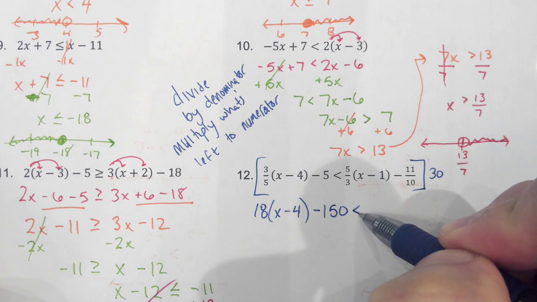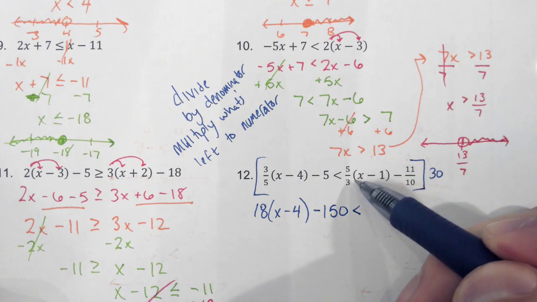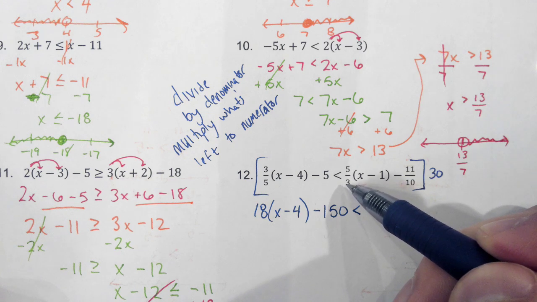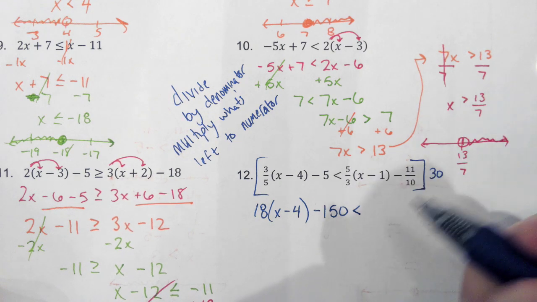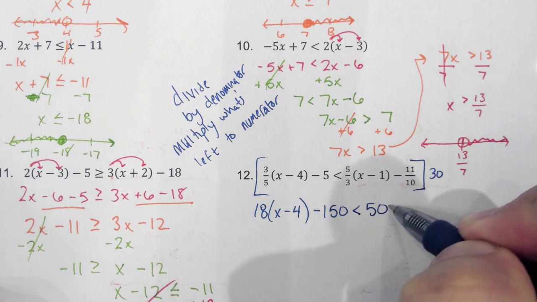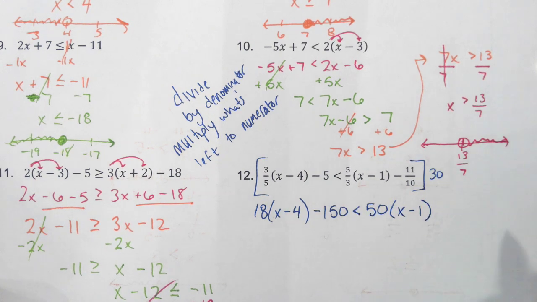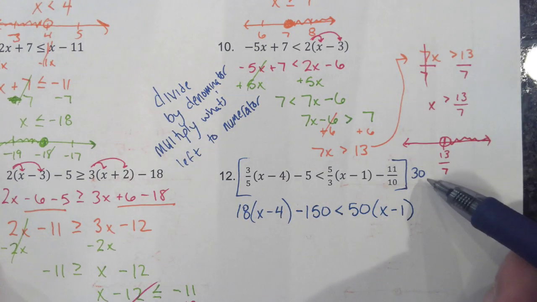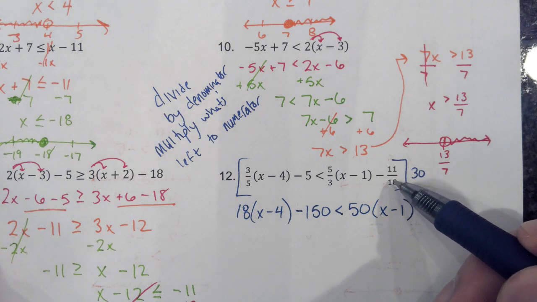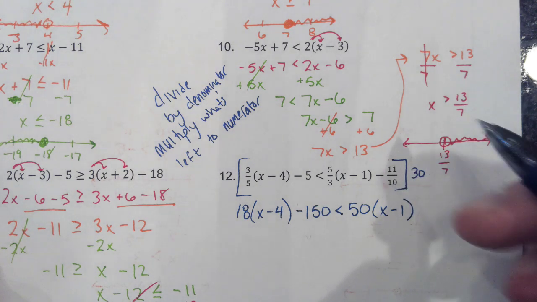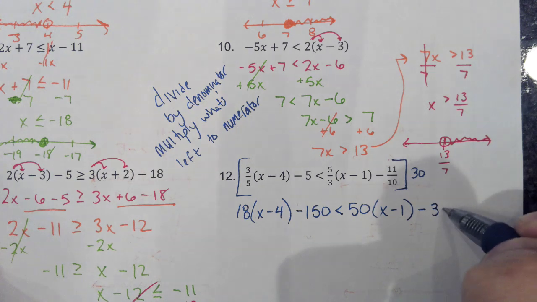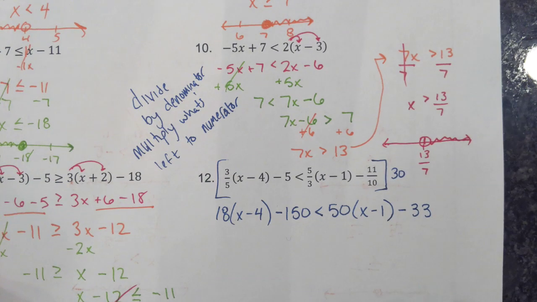Got my less than symbol. 30 divided by 3 is 10. 10 times 5 is 50. Things in the parentheses are safe, so it just gets rewritten. 30 divided by 10 is 3. 3 times 11 is 33. So we've gotten rid of those fractions.